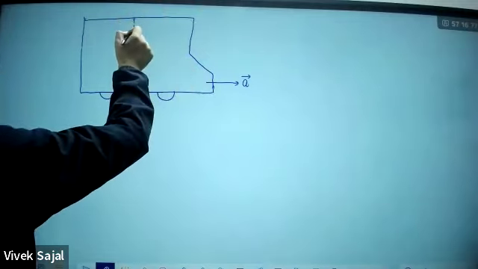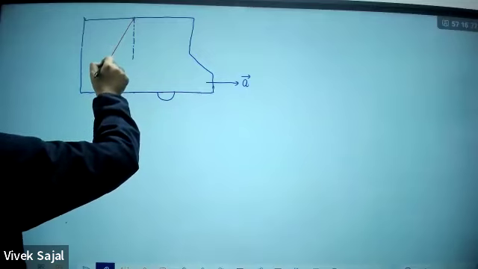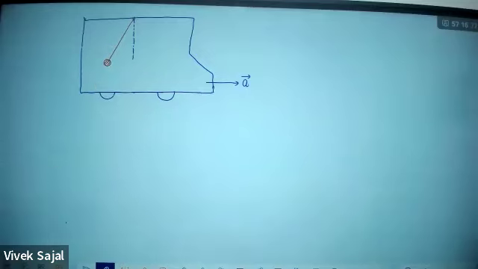But when it is moving in the forward direction, your pendulum will make some angle in this direction. Pendulum is like this.